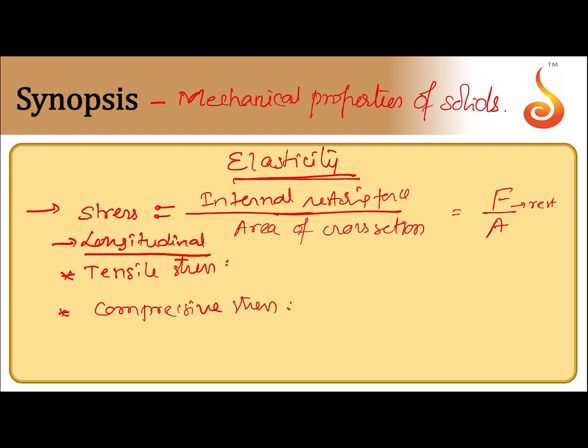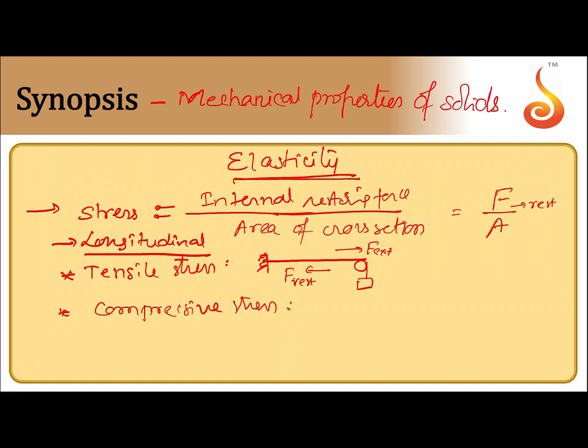What is tensile? For example, let us take a simple rod which is fixed at one end, and let us put a load on that. This external force tries to pull it along this direction, while the tensile stress, that is the restoring force, tries to pull it along this direction.